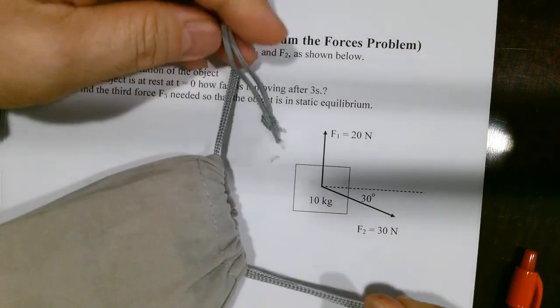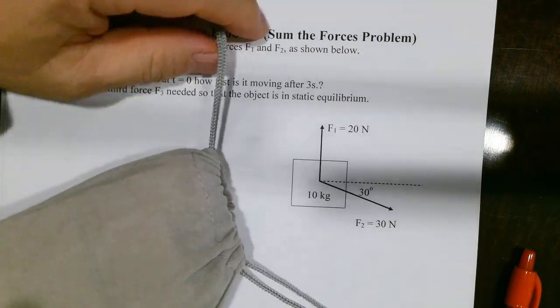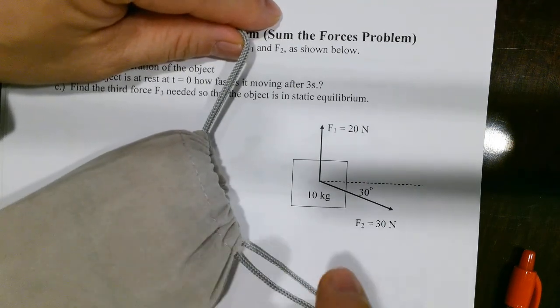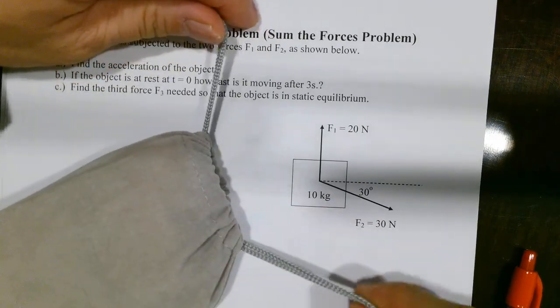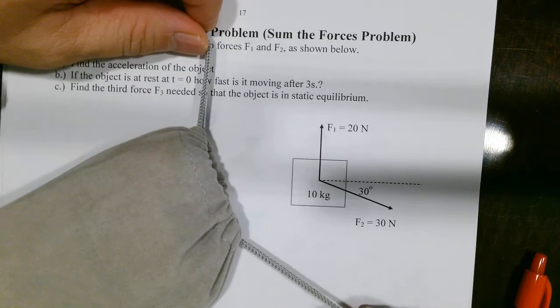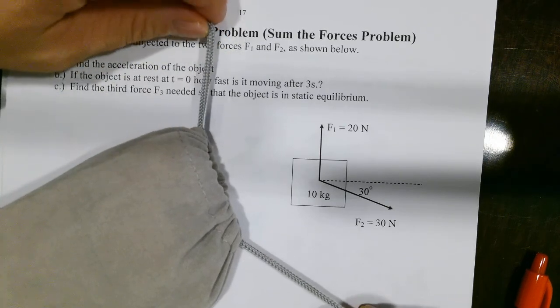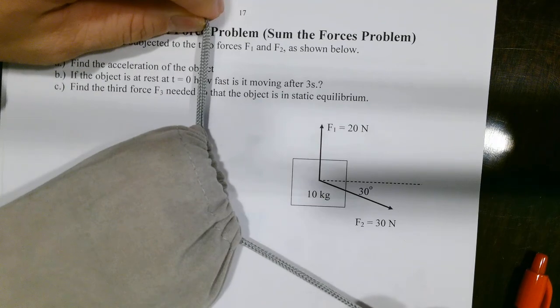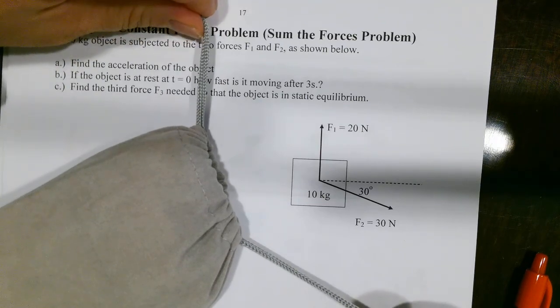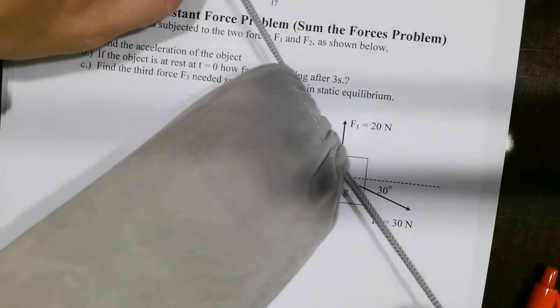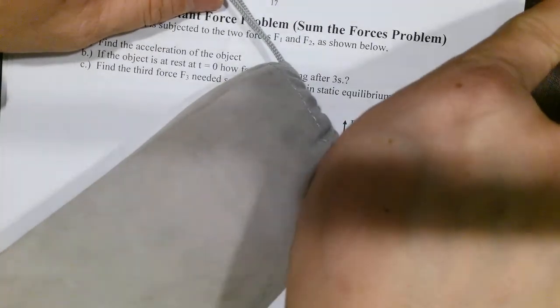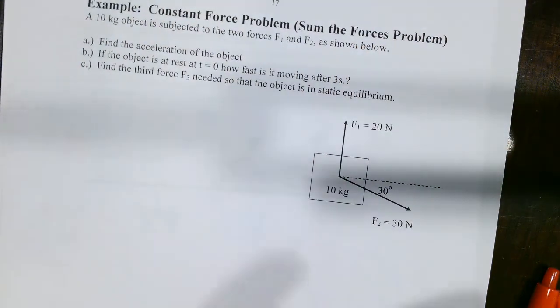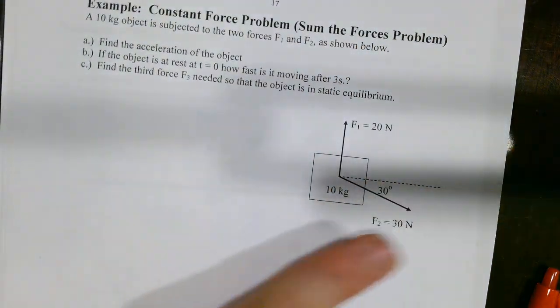So here, let's say I have a 10 kilogram object right here. And I have two forces pulling on this simultaneously. One pulling this way at 20 newtons, another one being pulled this way at 30 newtons. And if I pull on it simultaneously, it went that way, as though only one force was acting on it.